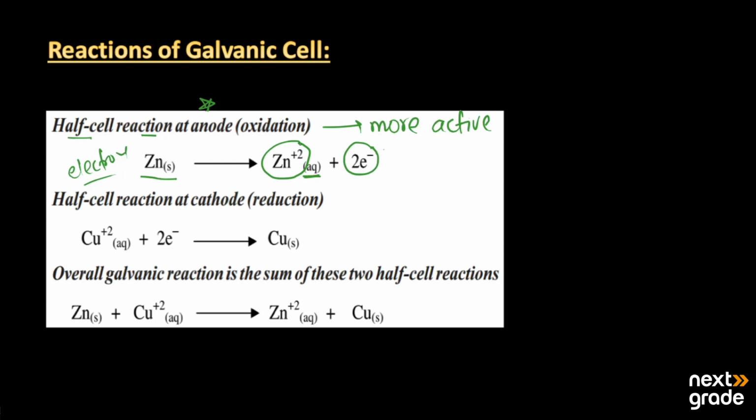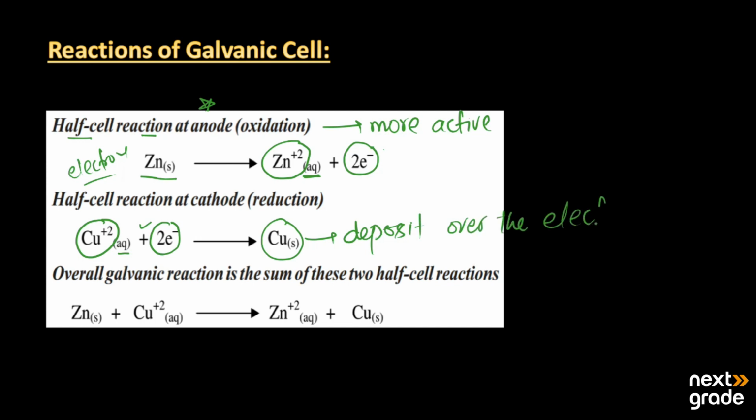Now these electrons move towards the cathode, and the solution containing copper ions as an electrolyte in aqueous form gains the electrons, changes into copper and starts to deposit over the electrode. That electrode works like the cathode, carrying the positive charge.